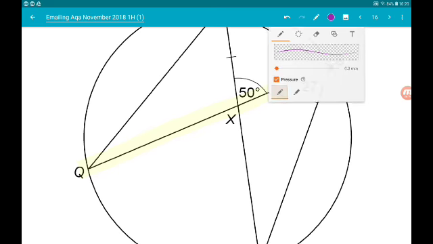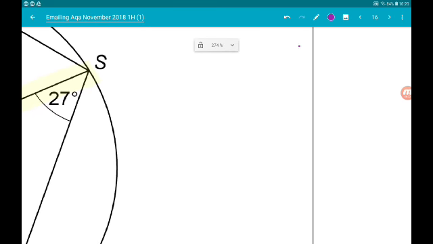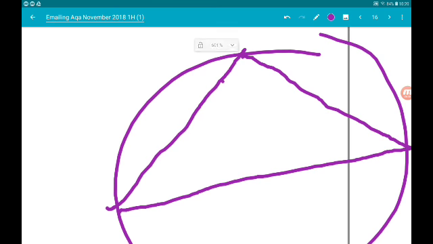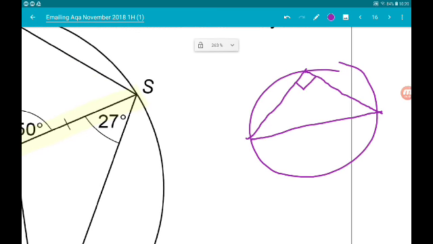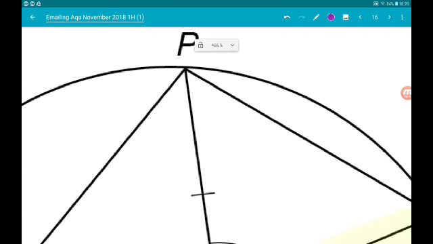So probably the theorem that we're going to be thinking of is if that line is a diameter, the chords meet on the circumference at a right angle. So if QS is not a diameter, then this angle here will not be 90 degrees.